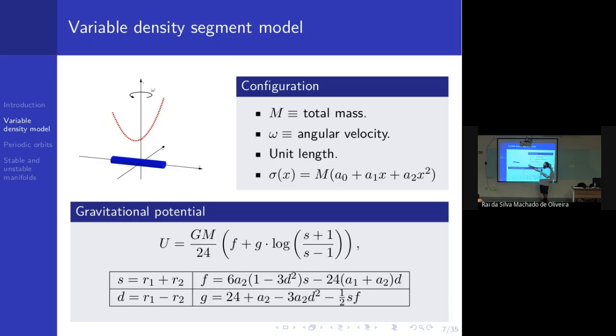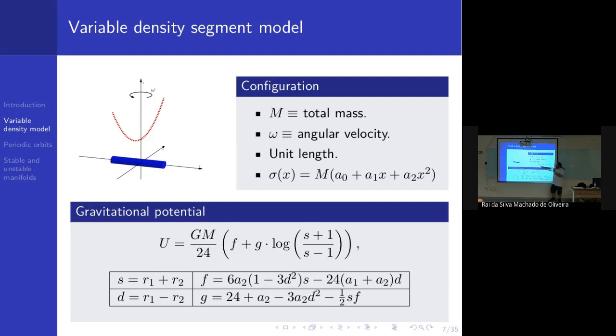So in this example, the center of the asteroid is less dense than the ends of the asteroid. One thing to notice is that the constant term in the density is chosen so that the total mass of the asteroid is m.